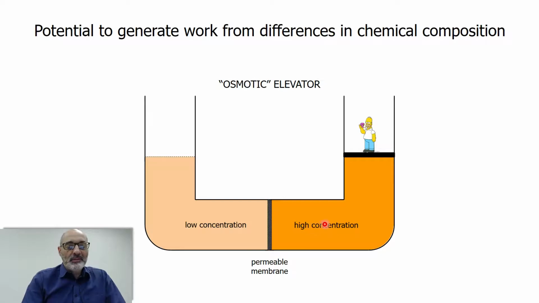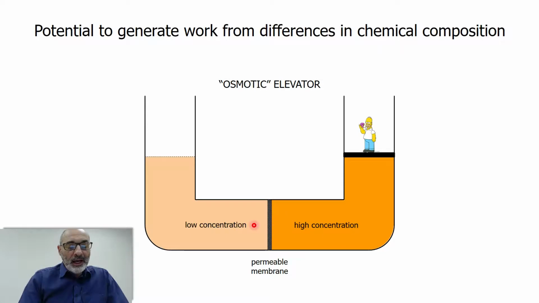Suppose that this dark orange here is our environment, which is at a high concentration, water and salt, for instance, and we have a system which is at a low concentration. So sweet water and seawater here, let's say.